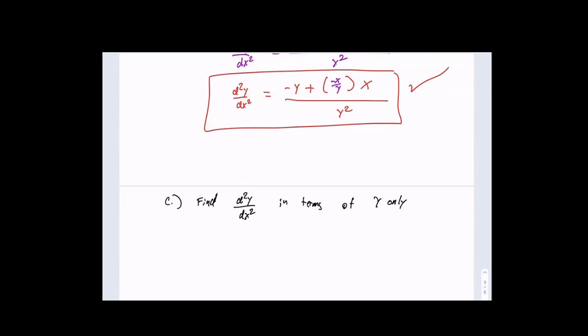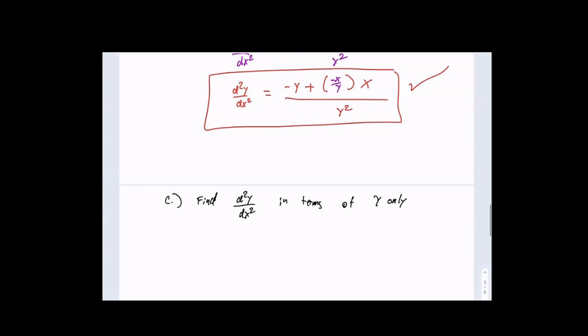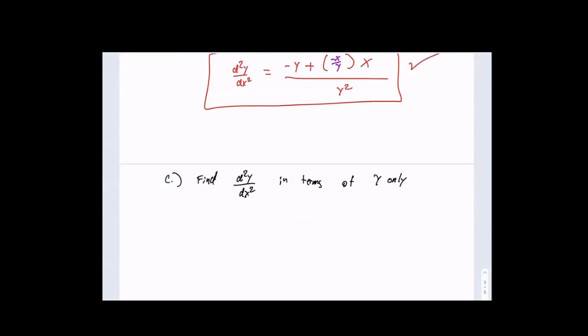We're not getting rid of the x's. We need to substitute for the x's. We need to find a relationship for x in the way it's written. So simplifying or cleaning it up might be very helpful here.